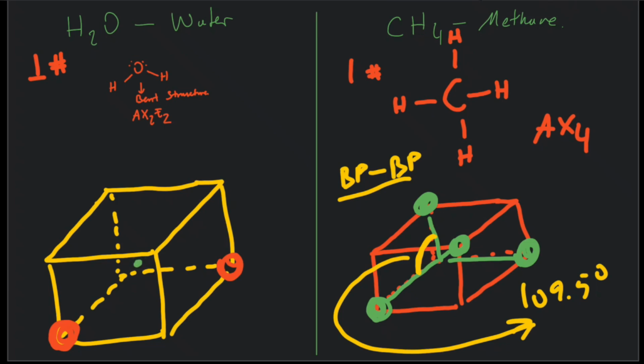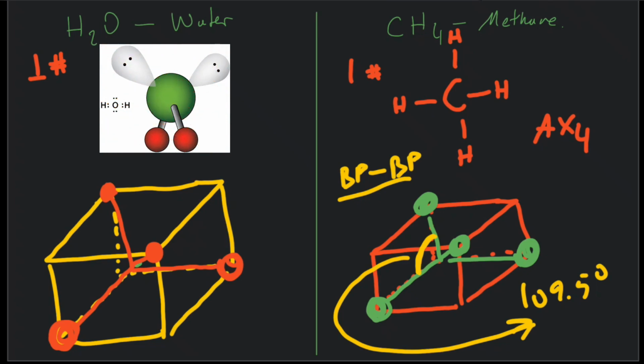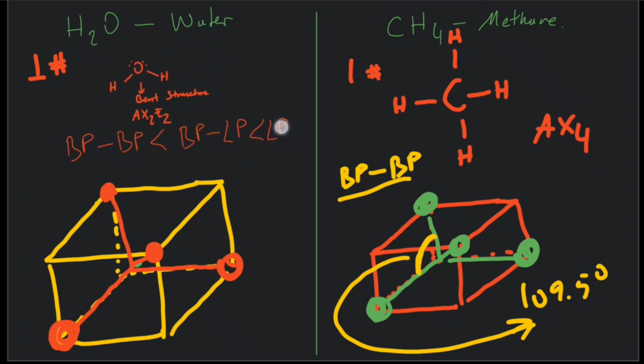Okay. And we have two lone pairs. These are the lone pairs. So this is the hydrogen and this is the water molecule. But we know that bonding pair interaction is less than the bonding pair lone pair interaction, and the lone pair interaction is the strongest interaction.